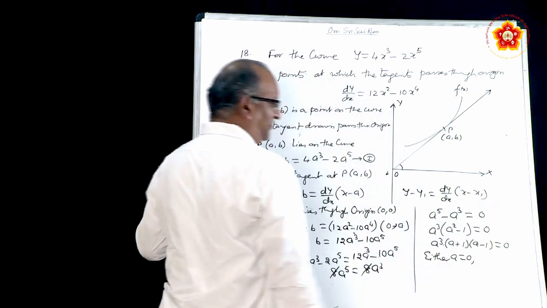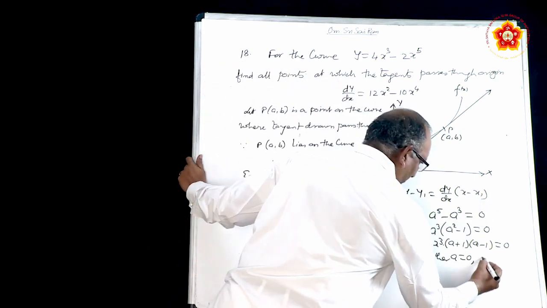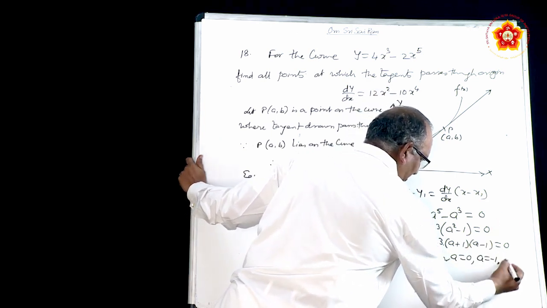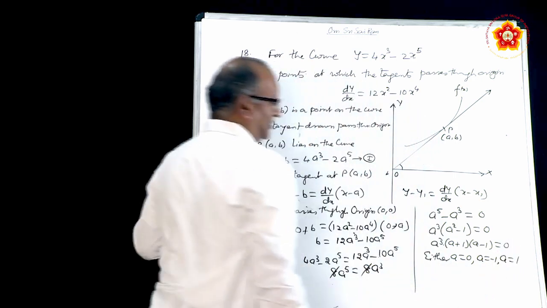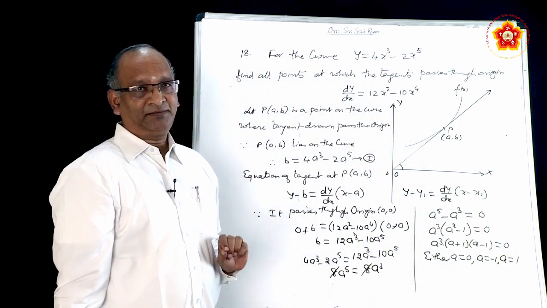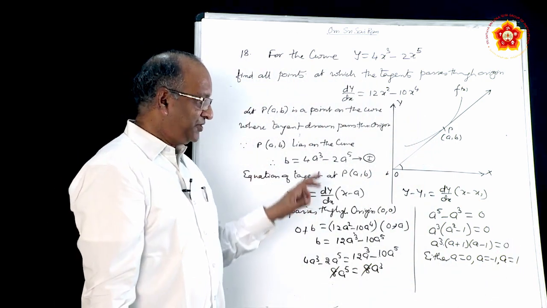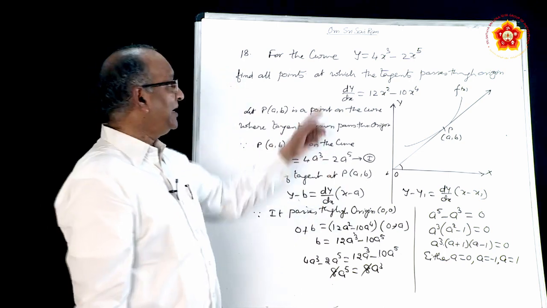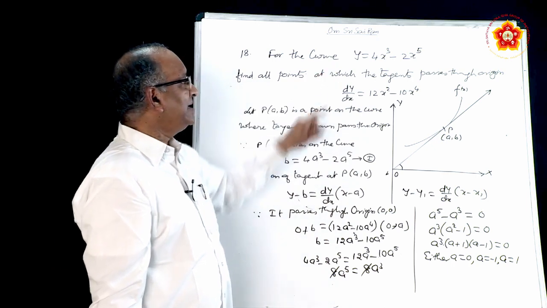When you equate a plus 1 with 0, you get a equal to minus 1. When you equate a minus 1 with 0, you get a equal to 1. So, there are 3 values: a is 0, a is minus 1, a is 1. Simultaneously find out the value of b by substituting in the function.